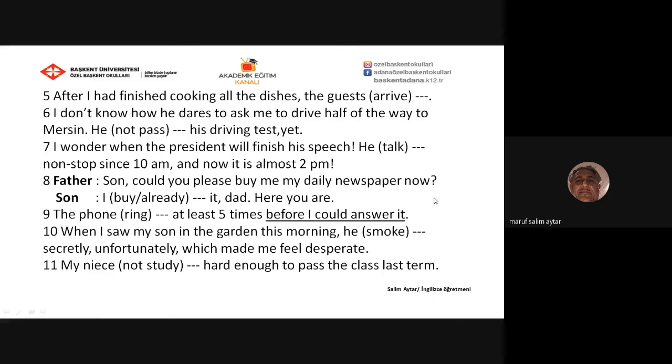Here you are. Now he is presenting the newspaper to his father. So most probably he did something that his father did not expect. And do not forget that it needs to be present at the same time.